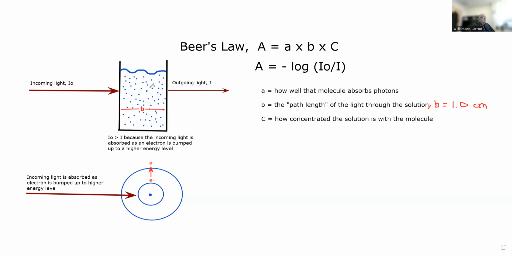Exactly how much light is absorbed is determined by measuring the intensity of the incoming light. We call that I naught. And the intensity of the outgoing light, I. And I have this exactly backwards, like a dummy. That should be absorbance equals minus log I over I naught.